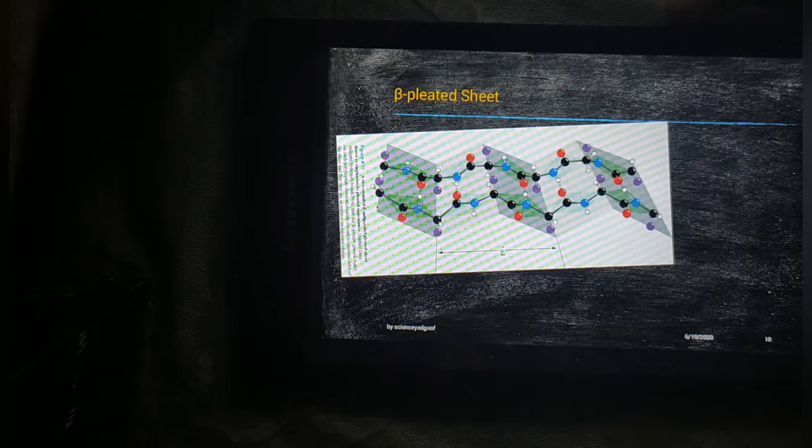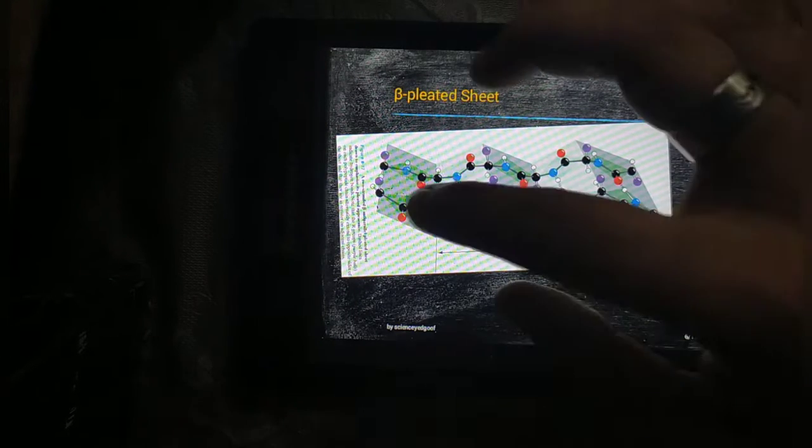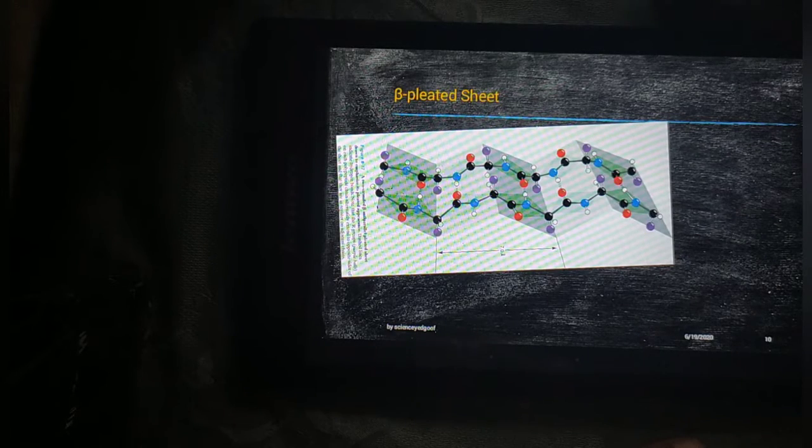As with the alpha helix, the beta sheet also has repeated phi as well as psi angles, which fall in the allowed region of the Ramachandran plot. And it also uses the full hydrogen bonding capacity of the polypeptide backbone.